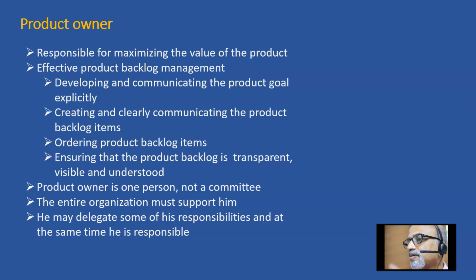Consciously they have kept it open so the team can decide. So there is a product backlog. The backlog items have to be prioritized. It must be elaborated before taking up for production. So how to elaborate it, the team can decide. So these are the key responsibilities of the product owner.